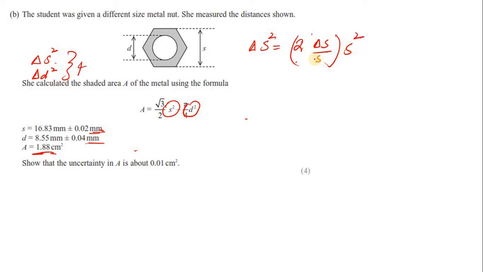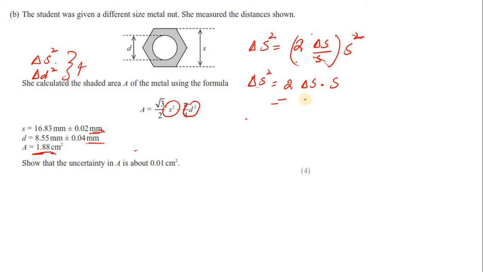Of course, one S you can cancel. That means delta S square would be equal to twice of delta S into S. So you multiply all these three to get your delta S square.